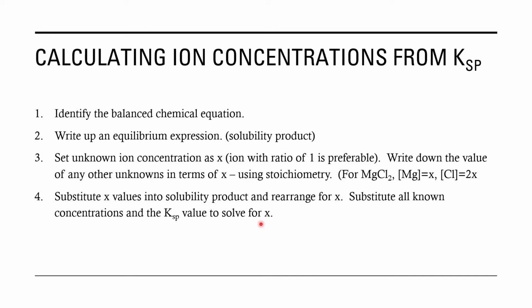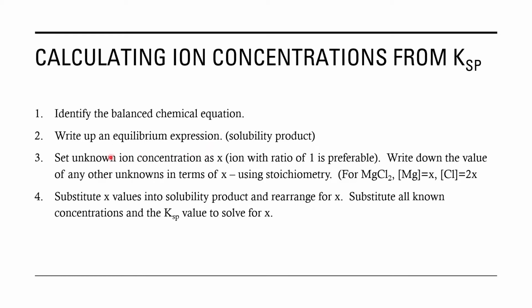We can also use these KSP values to calculate ion concentration. That's knowing that you have a substance in solution that is completely saturated. You can then use the KSP value that's been determined previously to find what the concentration of the ions will be. To do that, again like normal, we write up the balanced chemical equation and equilibrium expression, or solubility product.